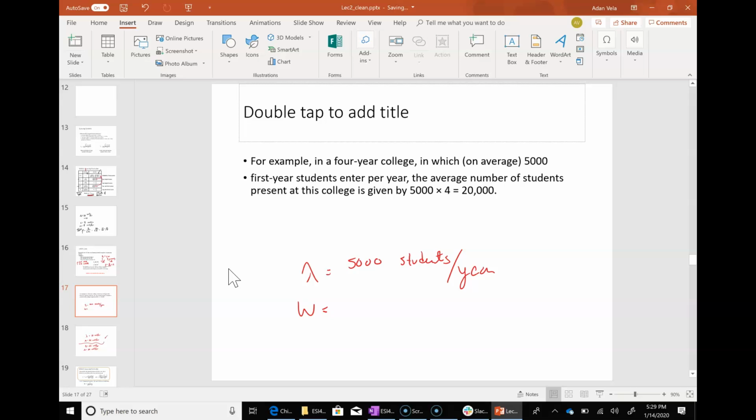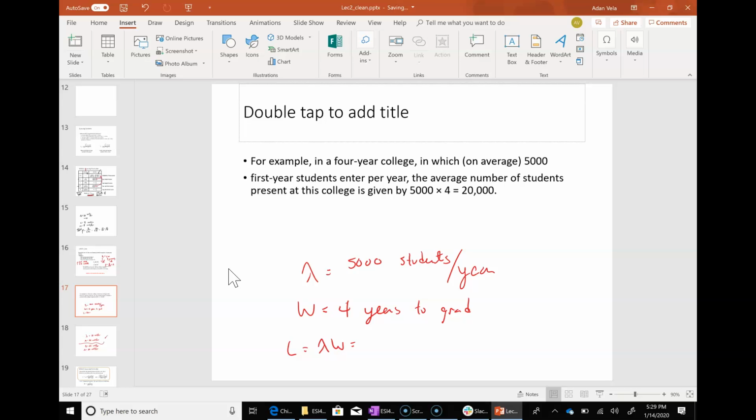4 years. And so what we can do is actually use Little's law. We know L equals lambda times W. And that will tell us the number of people that are in our system.